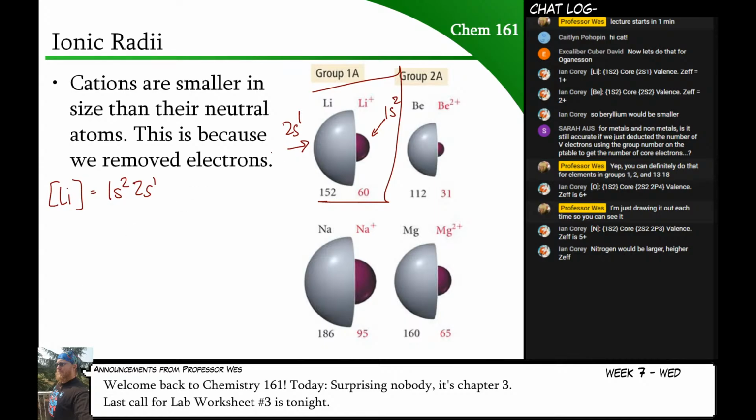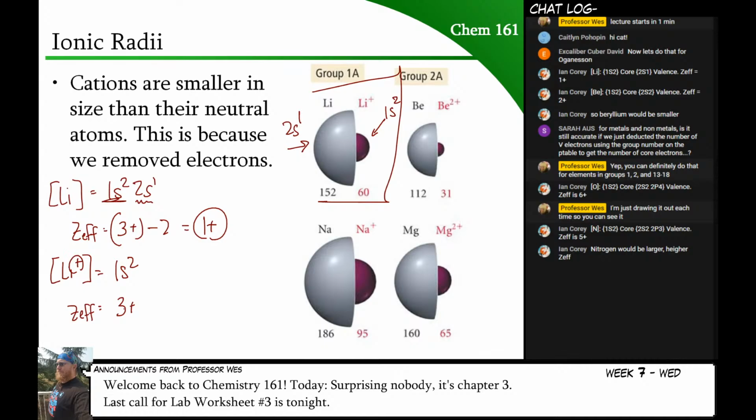All right. If I wanted to calculate Z effective for regular old lithium, that would be 3 plus. Here's my shielding electrons. 1 plus. No big deal, right? We've done that enough times today. But what changes if I do this? Well, first, the electron configuration becomes 1s2, and that's it, right? Because I stripped away this electron. Then when I go to calculate Z effective, there are no more core electrons.